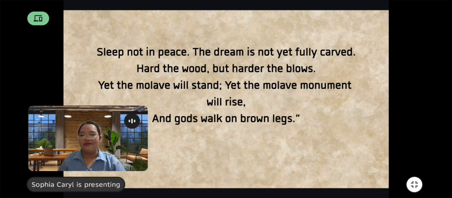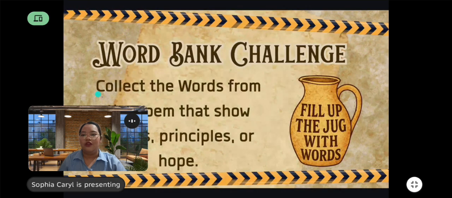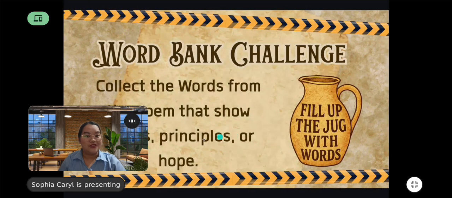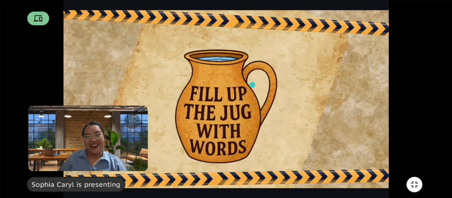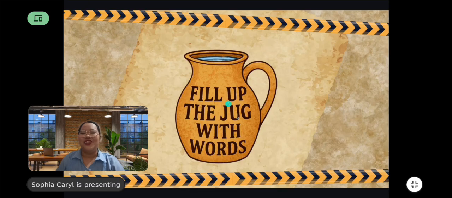And after that, they will collect the words from the poem that shows values, principles, and or hope. That's why it's called Word Bank Challenge, since we will be collecting words from the students or the learners. And there, the jug is filled up now. So we can proceed to the journey itself.